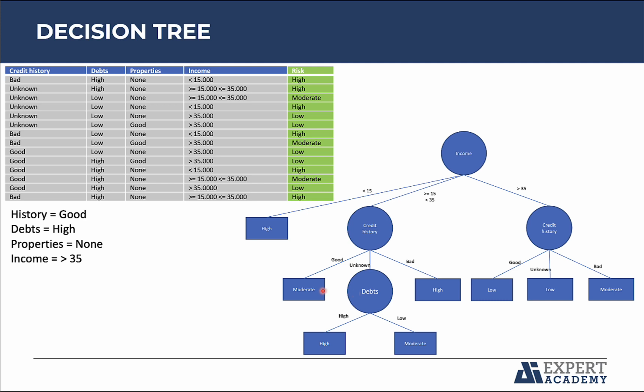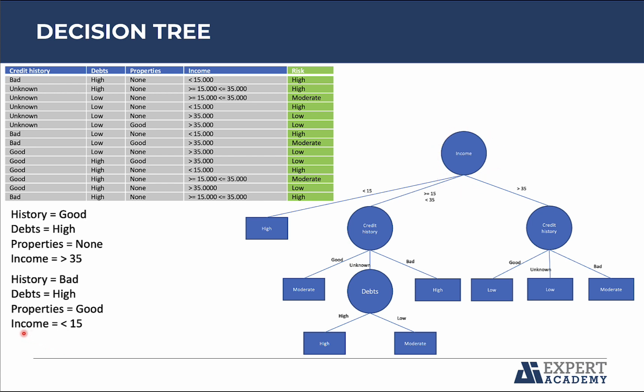Let's suppose a new customer has just arrived in the bank with the following values: history bad, debts high, properties good, income less than 15. As we know, the first attribute to be verified is the income.